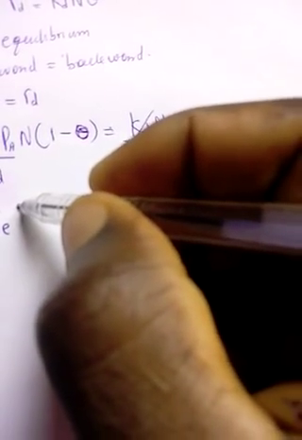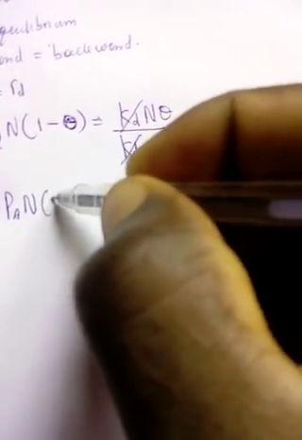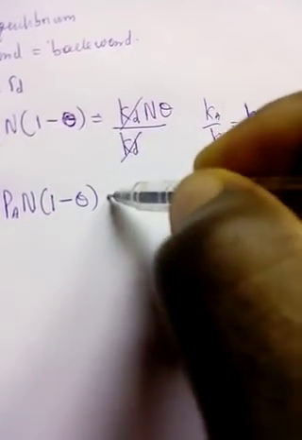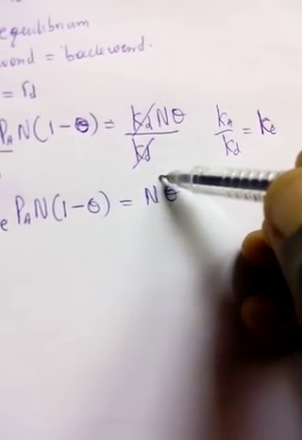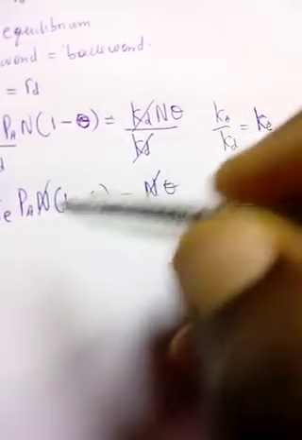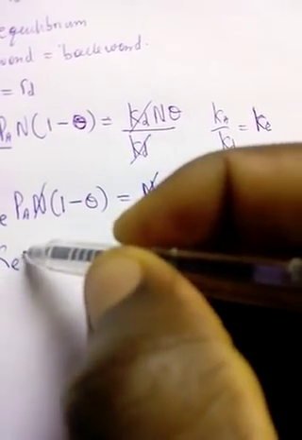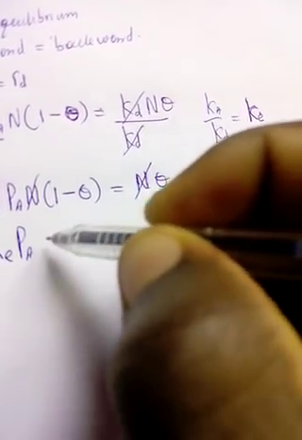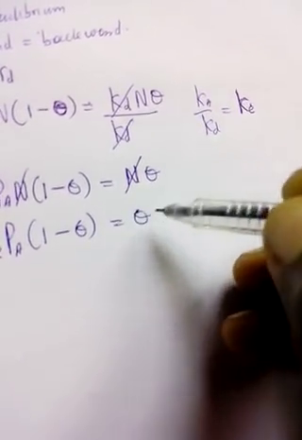We have KE PA N into bracket 1 minus theta equals N theta. N is common to both sides, so we can cancel N out. So we have K equilibrium PA into 1 minus theta equals theta.